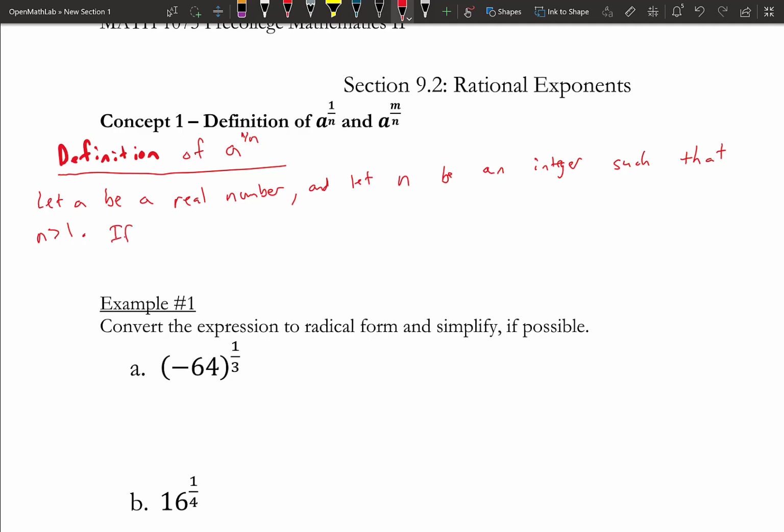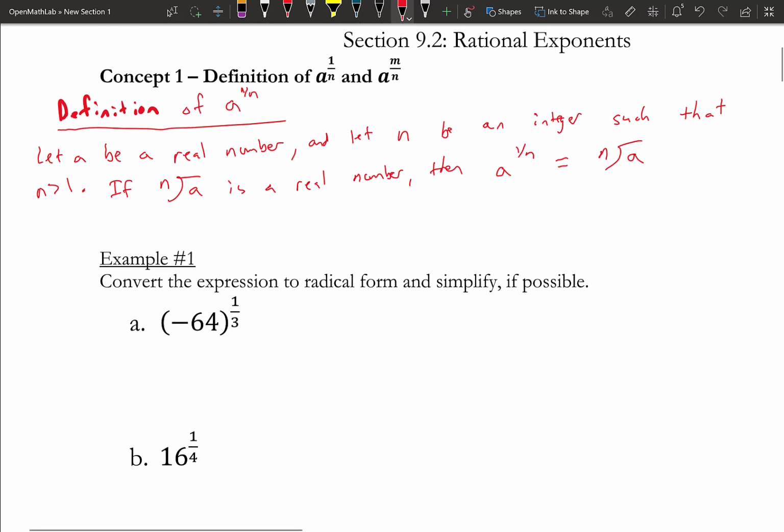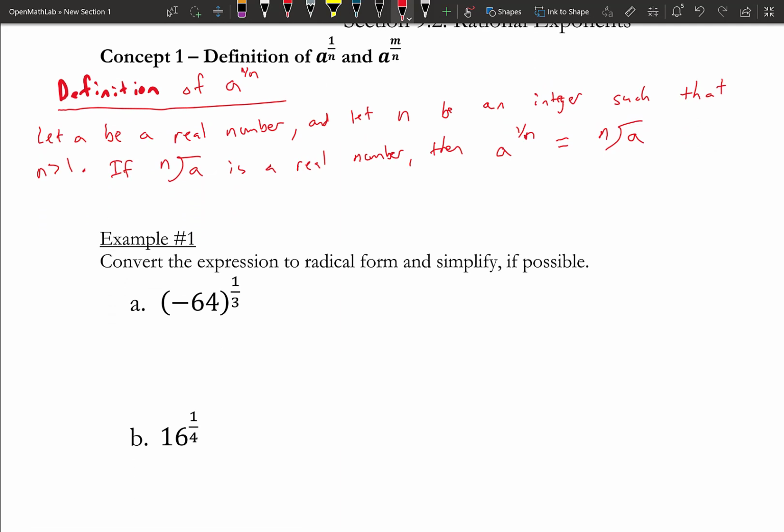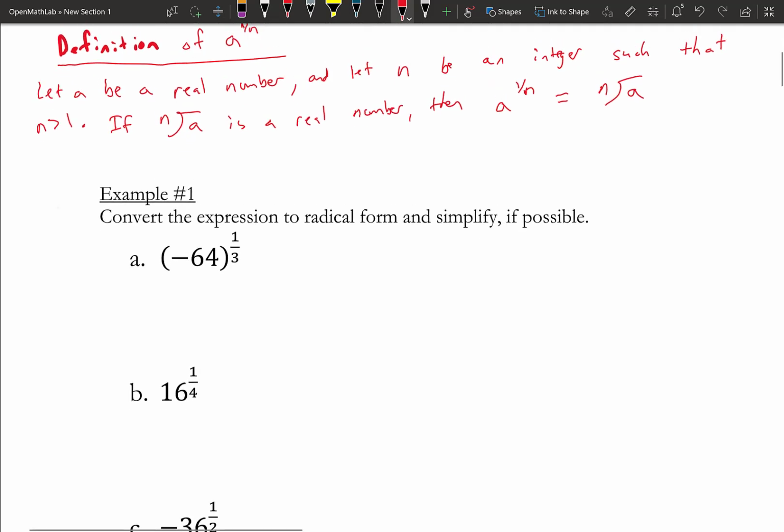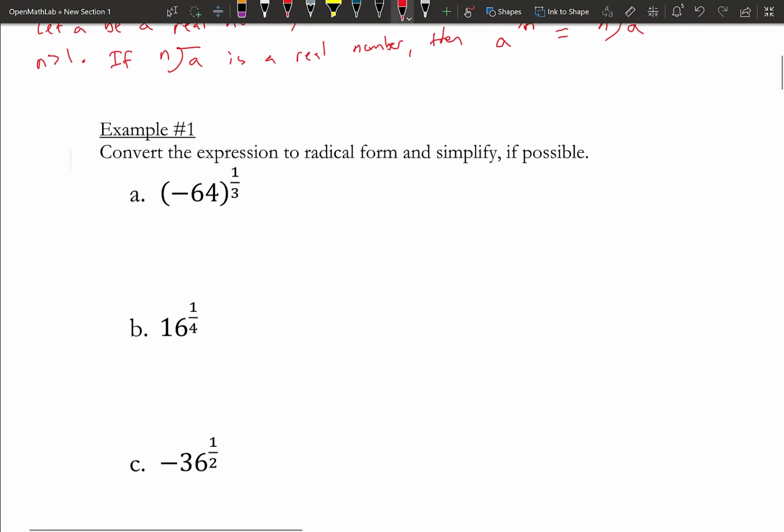So then if we have the nth root of a, if that is a real number, then a to the 1 divided by n is equal to the nth root of a, right? So if we have 1 divided by some number as the exponent, then that tells you that's the nth root, right? So let's practice using this definition, this idea.